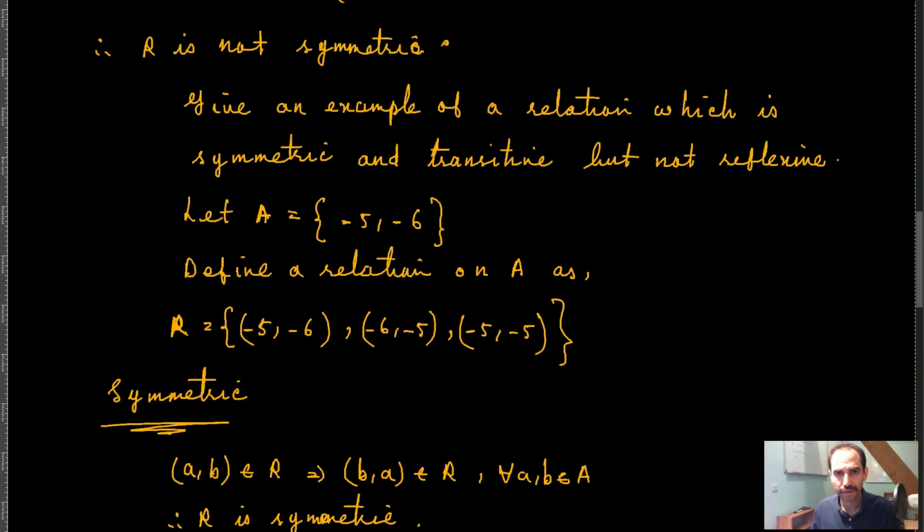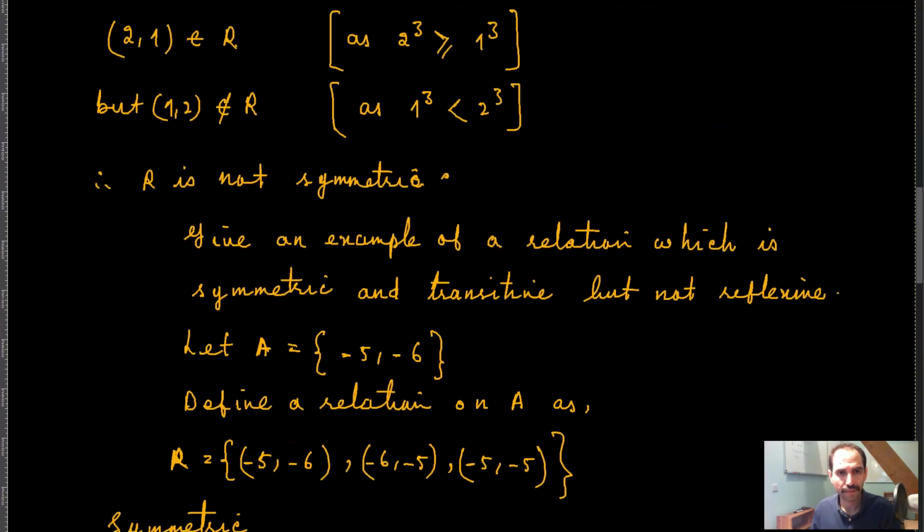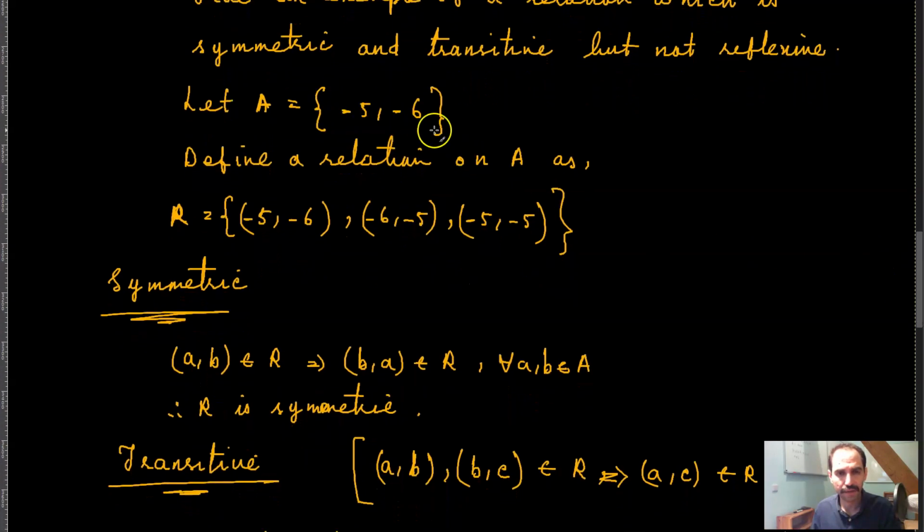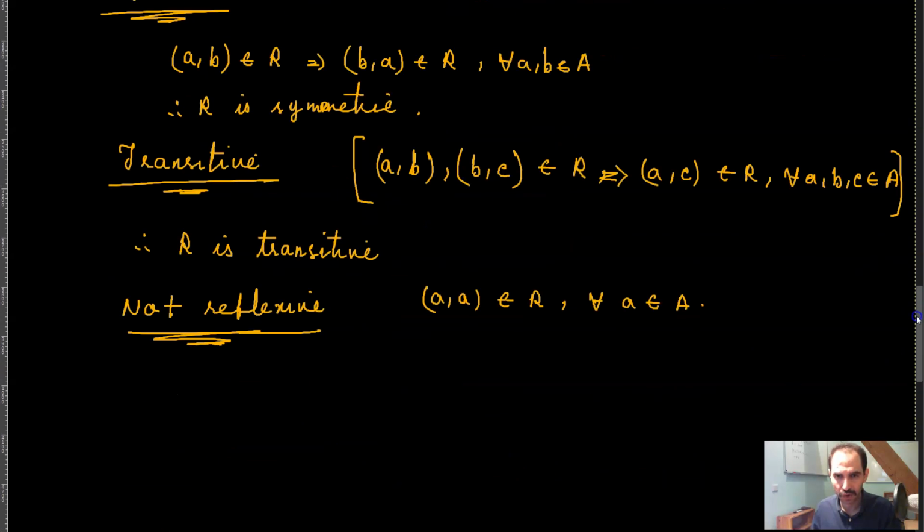Now over here you can see that -5 and -6 belong to A, and (-5, -5) belongs to R, but (-6, -6) does not belong to R, right?